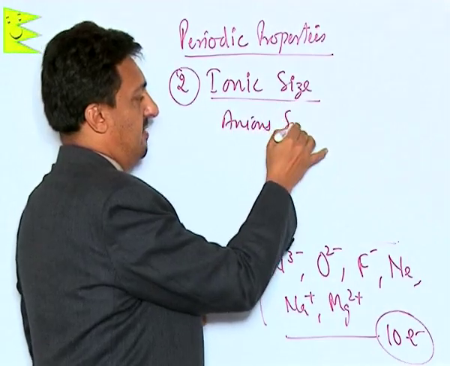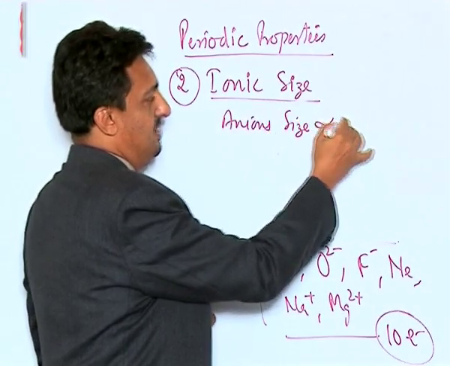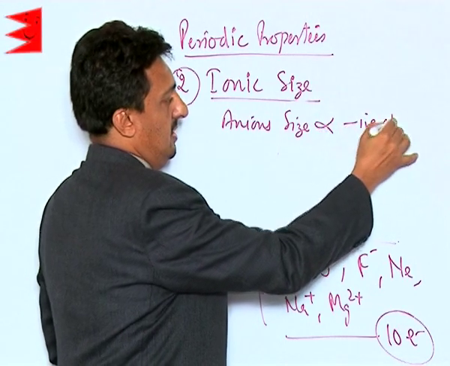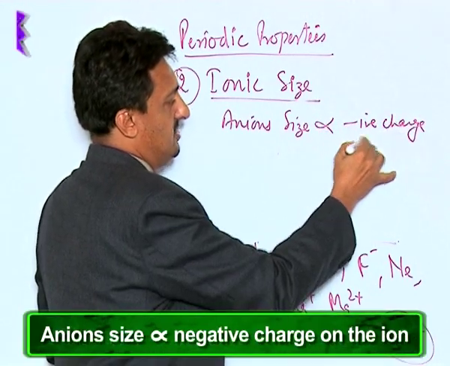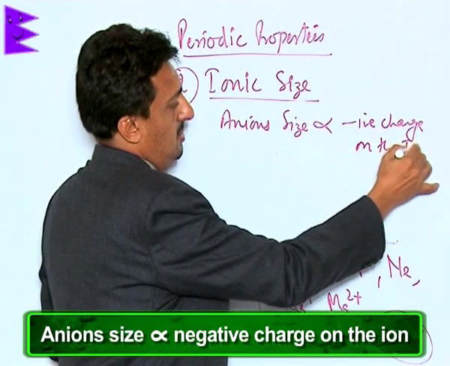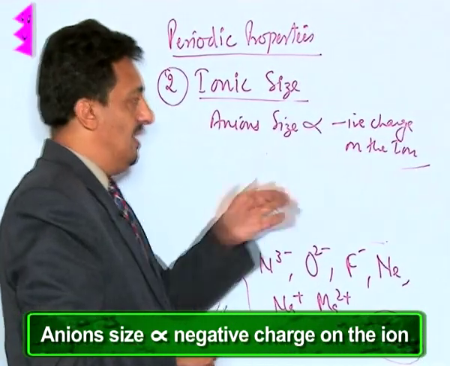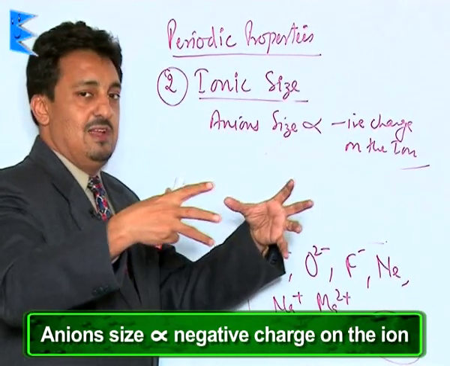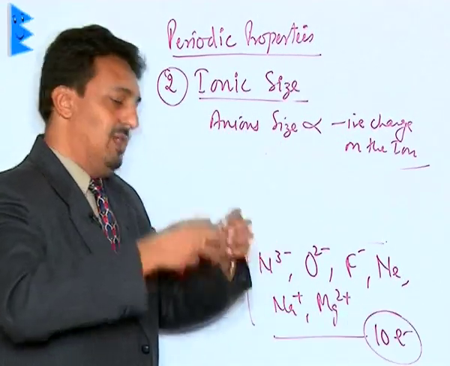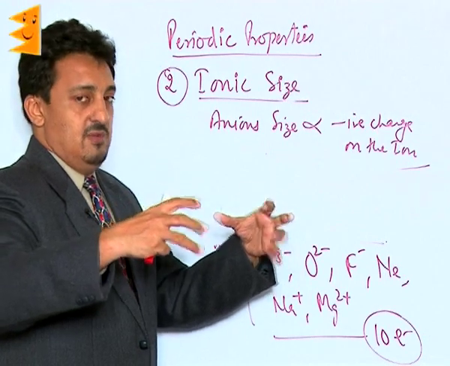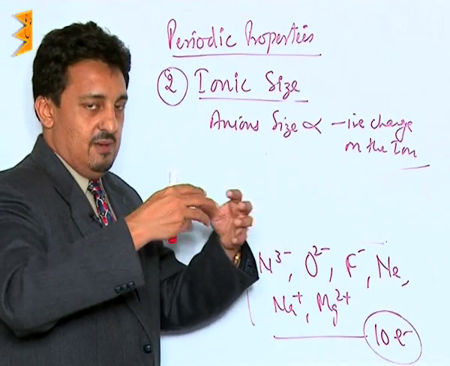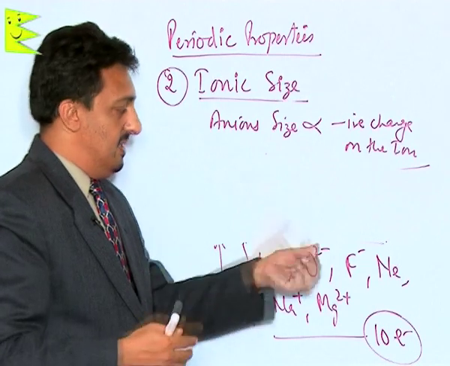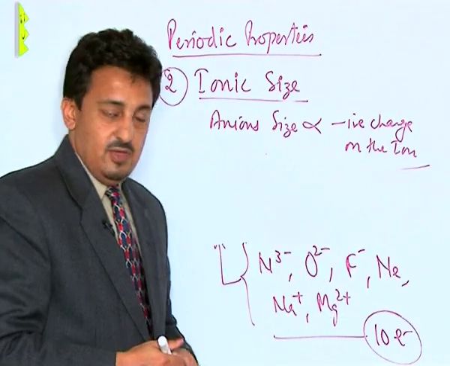In the case of anionic size, it is directly proportional to the negative charge on the ion. Larger is the negative charge, larger is the size, because the more electrons there are, the more inter-electronic repulsions and the lesser the nuclear pull, so they move away from each other to a larger distance. That's why the size is larger.